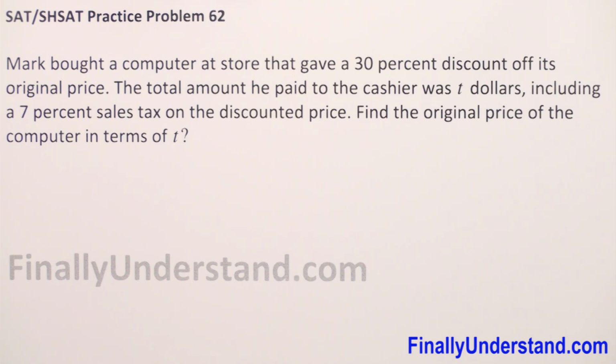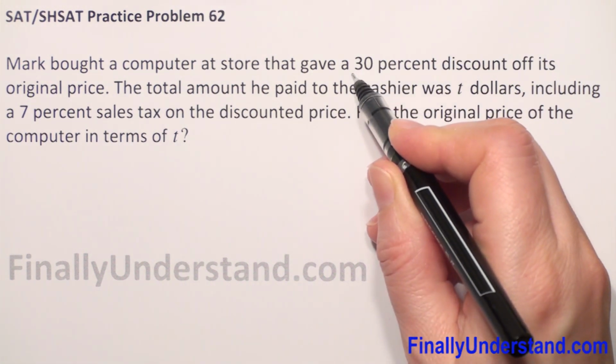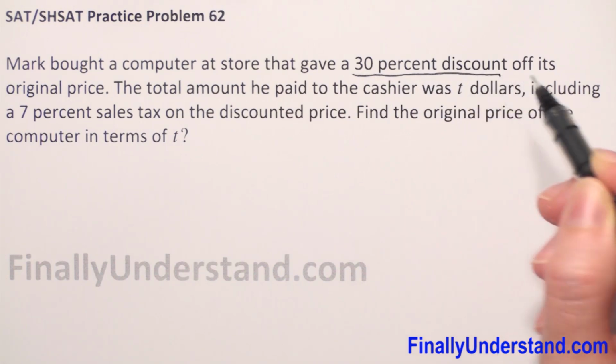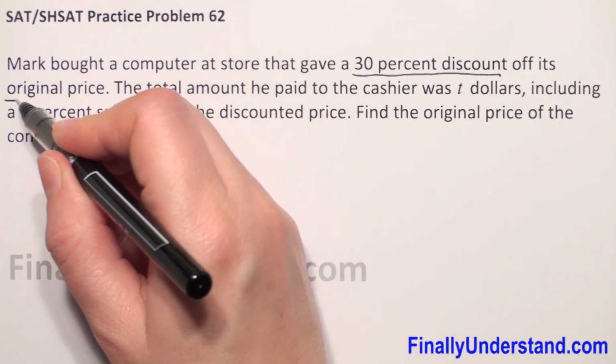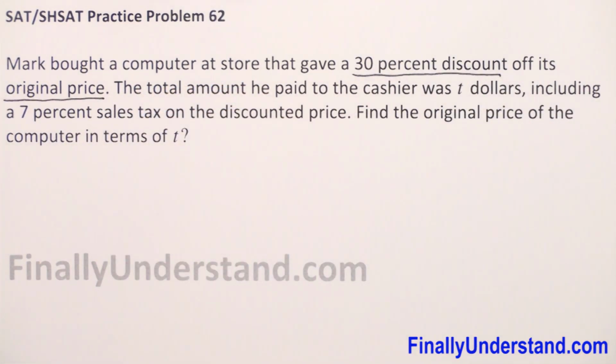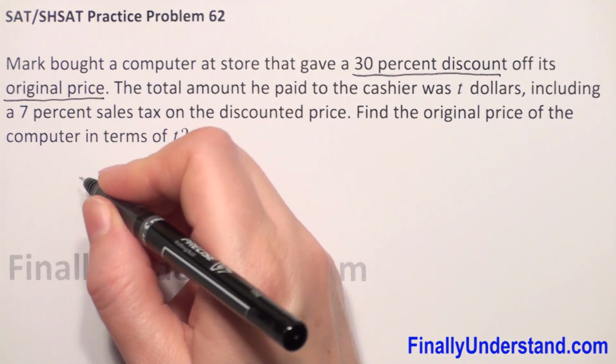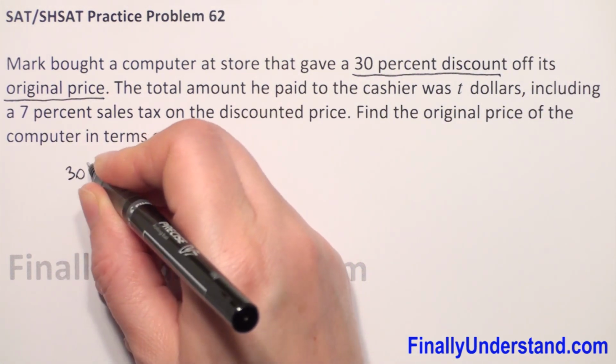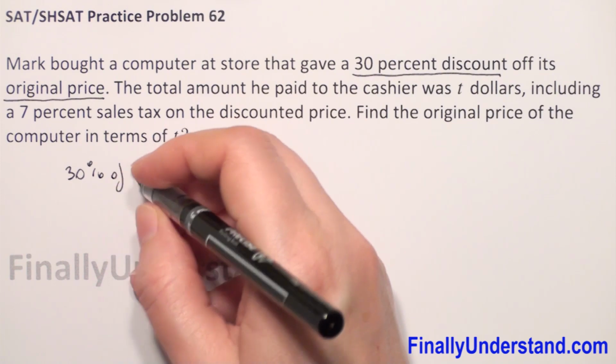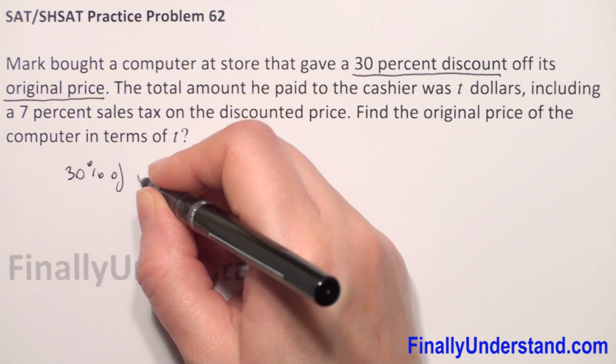So what we have here is that Mark bought a computer at a store that gave 30% off of the original price. So let me write this. We have 30% of original price.